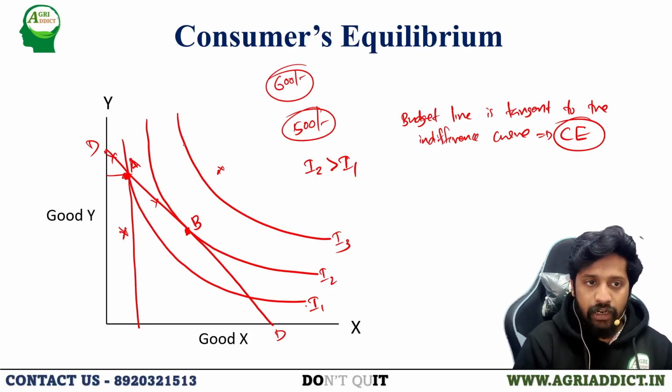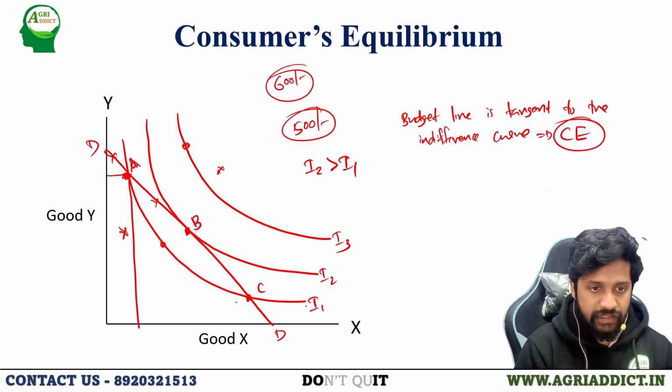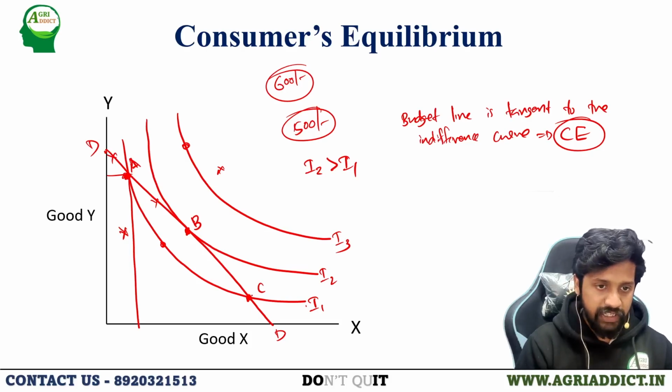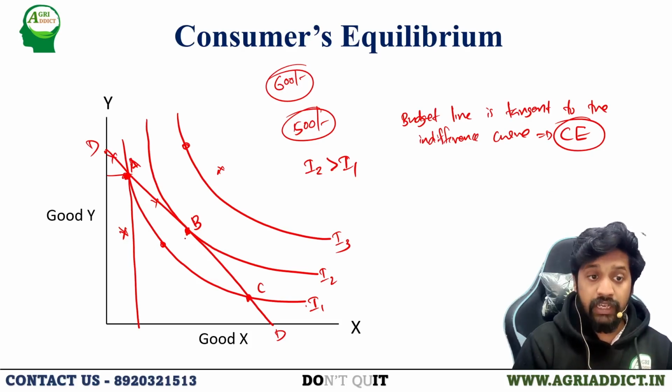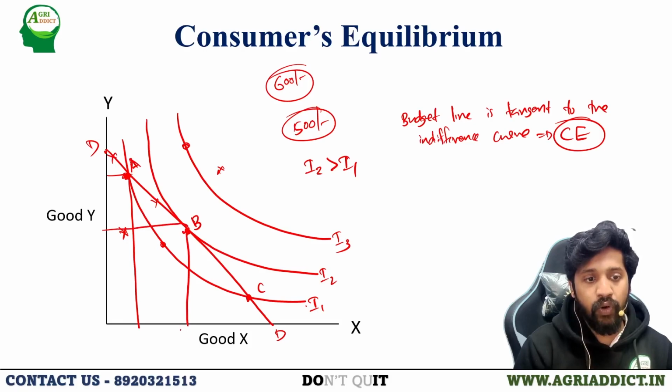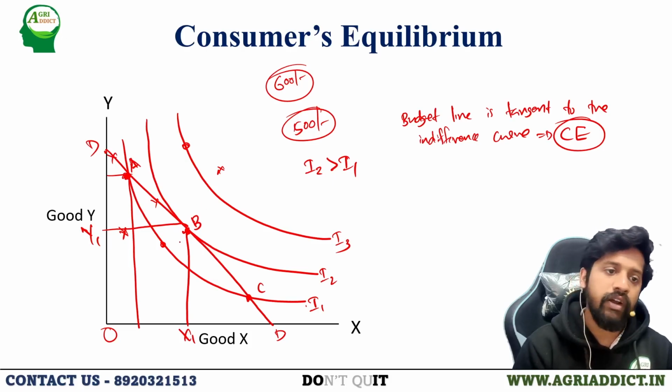None of the points on I3 comes under the budget line because it is not affordable, but there are many points on I1 here and there. Even at C, more of X and less of Y is in the combination, but it comes under the I1 indifference curve only, whereas in B much more utility is derived.